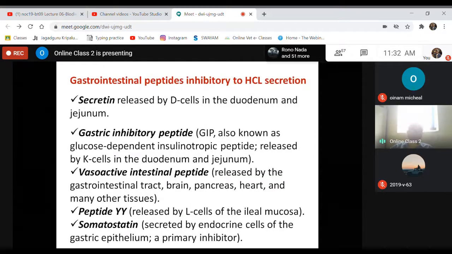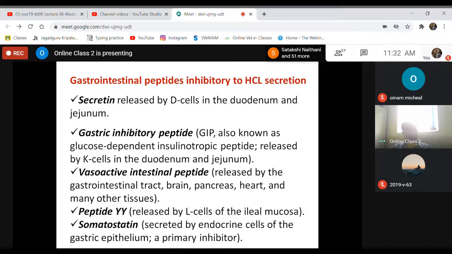And peptide YY, released by L cells in the ileal mucosa, the ileum part. Then somatostatin, a hormone secreted by the endocrine cells of the gastric epithelium. This is also a primary inhibitor of hydrochloric acid secretion.